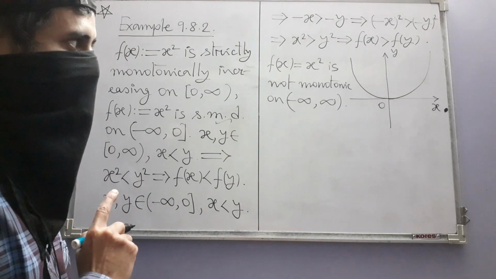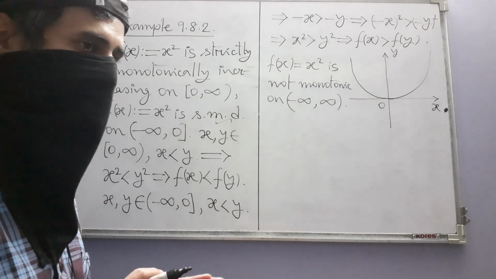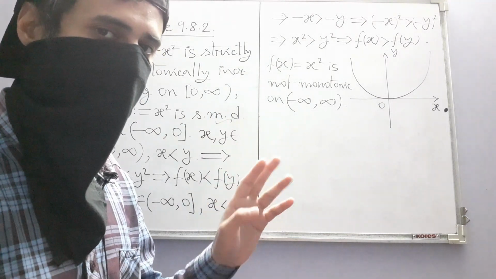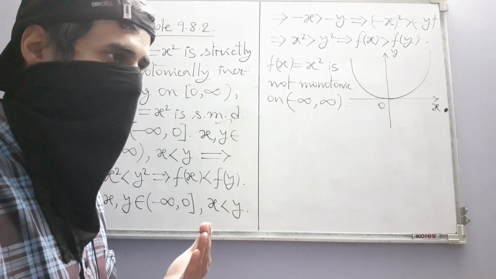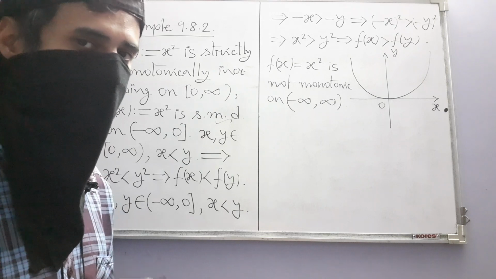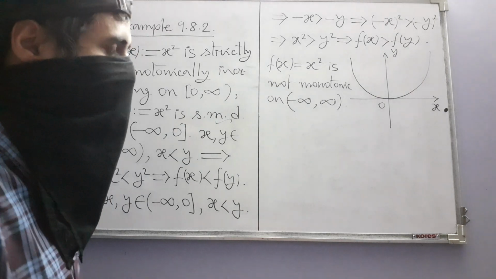Note one more thing, that if a function is strictly monotonically increasing, then also by definition it is monotonically increasing. However, not necessarily the converse is true. The converse is not necessarily true.